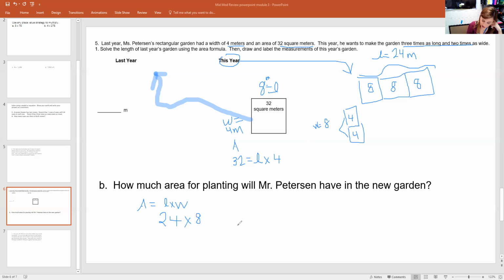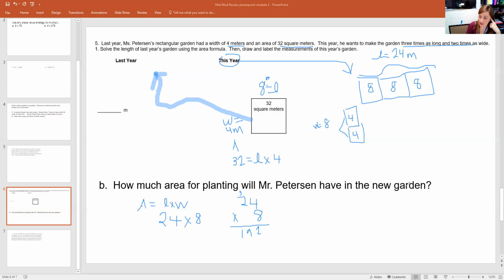So we're going to be doing 24 times 8. Let's just do the standard algorithm. 24 times 8. 8 times 4, 32. Okay, and then 8 times 2 is 16. Plus 3 more, 17, 18, 19. So I have 192.